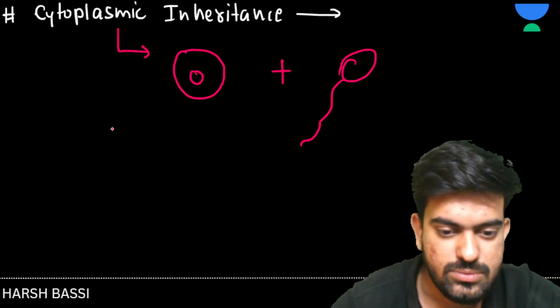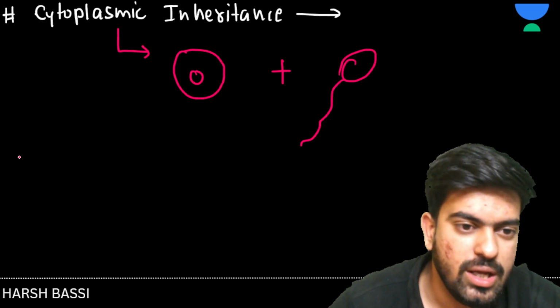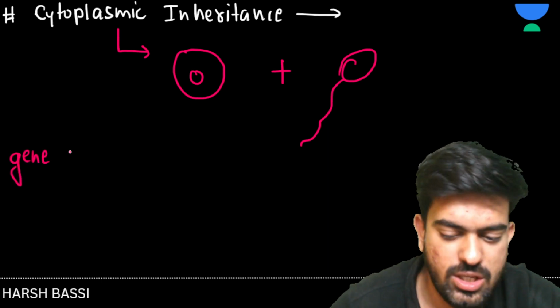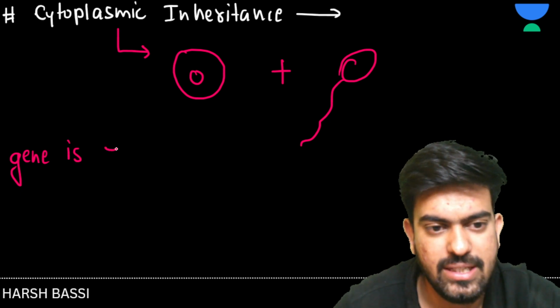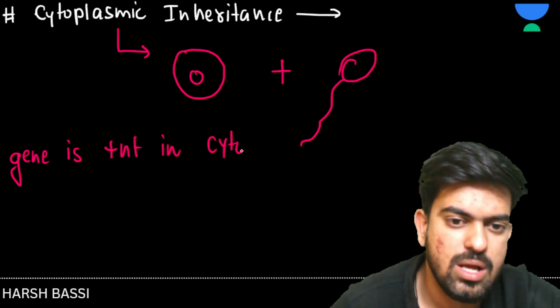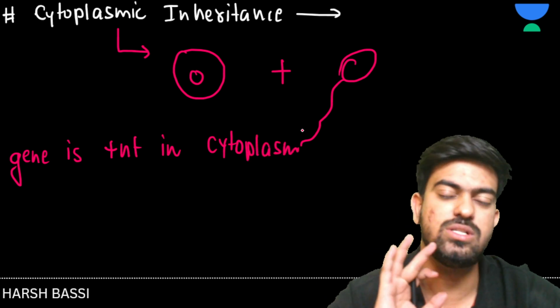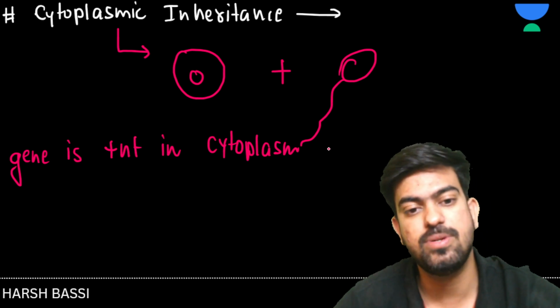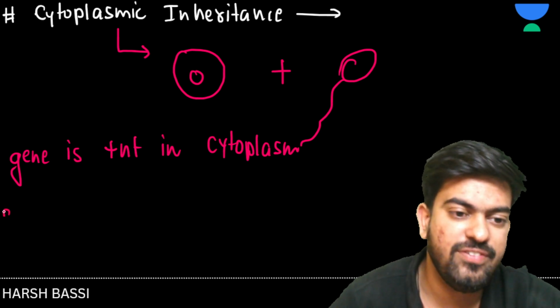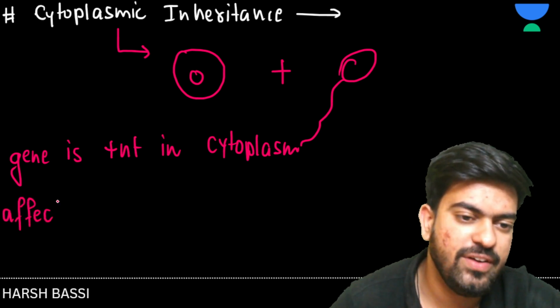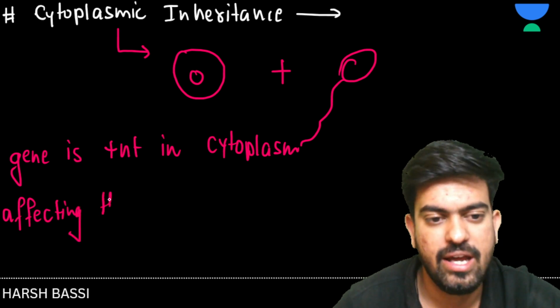Okay, clear, sir? So here gene is present where? Gene is present in cytoplasm, and if that gene is affecting the phenotype, then it is known as cytoplasmic inheritance.